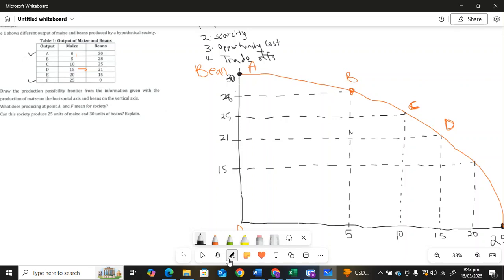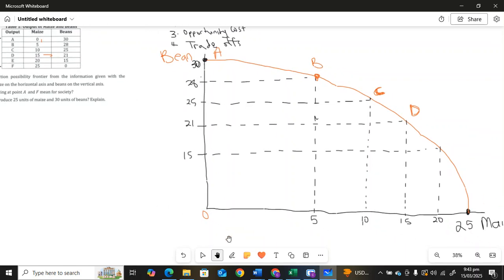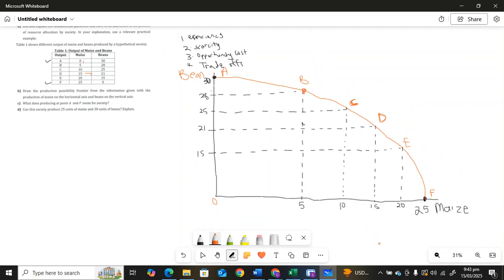That is point E. Then point F, 0 beans, 25 units of maize. Okay. So there we've plotted our PPF graph.